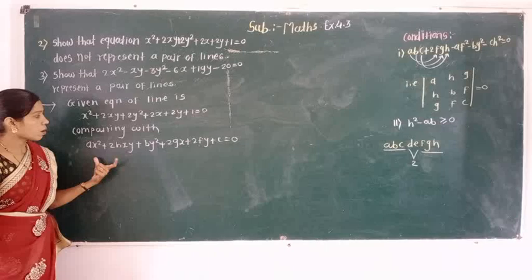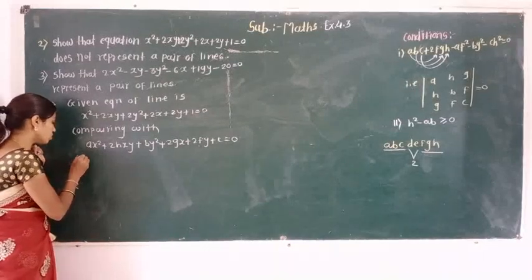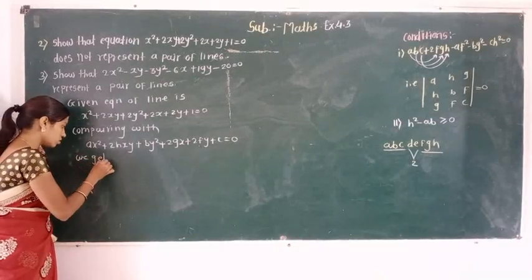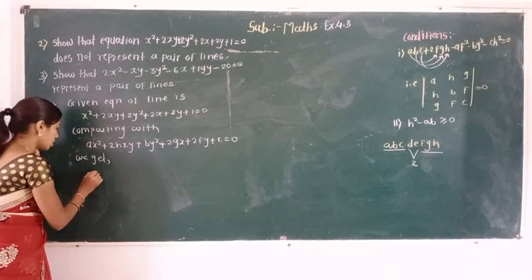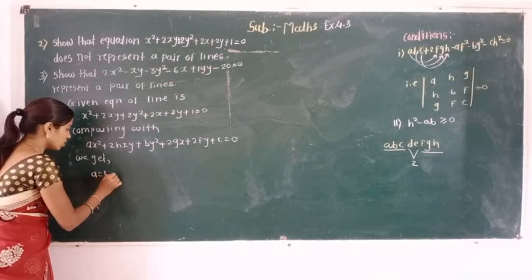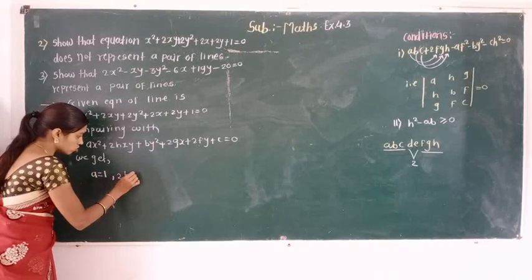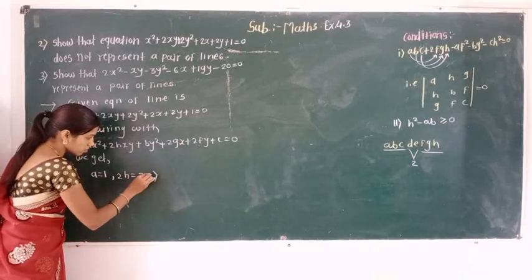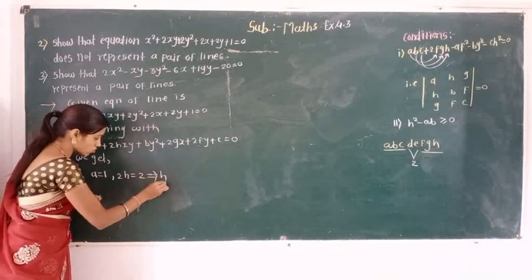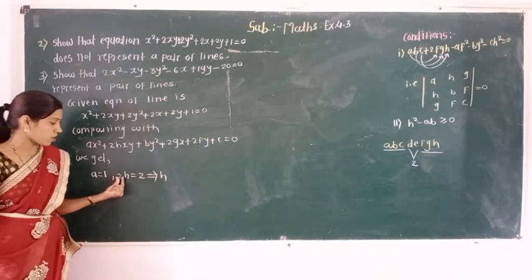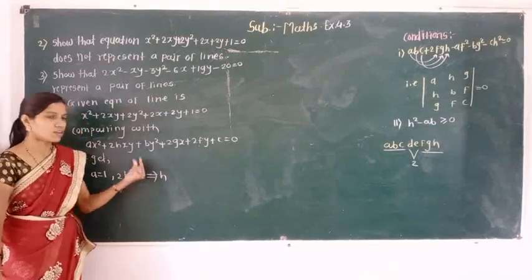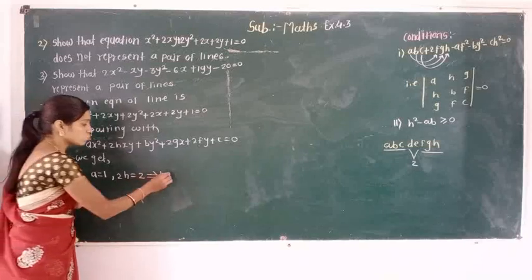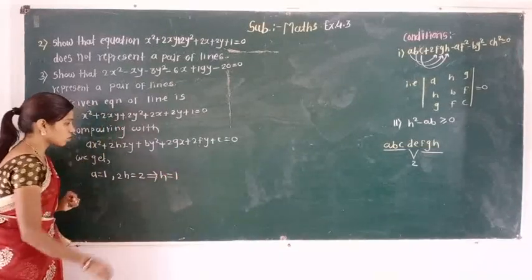Comparing, we get the value of a is 1. 2h is 2, which implies h is 2 by 2, that is 1.